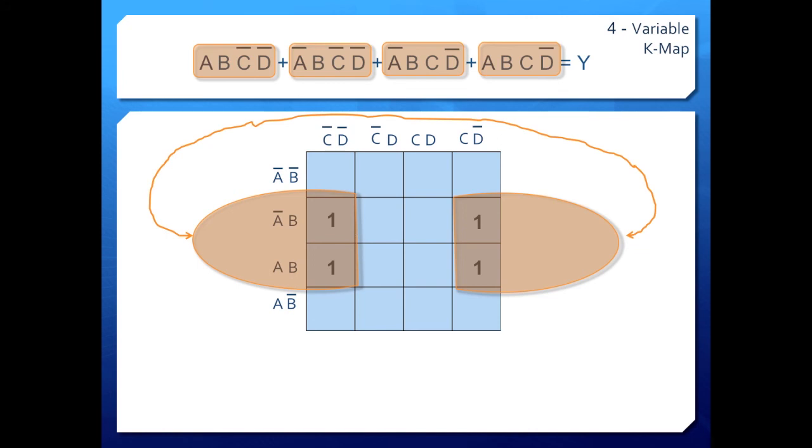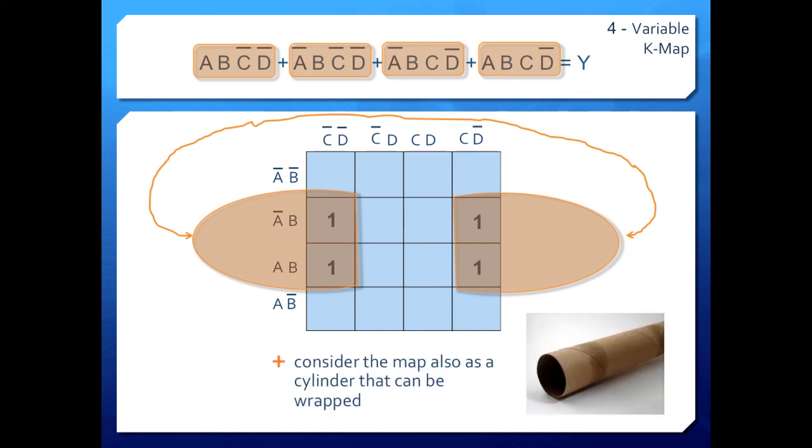This is because that K-map can be looked at as a piece of paper that can be rolled almost like a cylinder. So if you think of an empty paper towel roll, and if you were to take your piece of paper and curve it around so that the ends met, then you would have that group of four, just like that picture there with that cylinder.